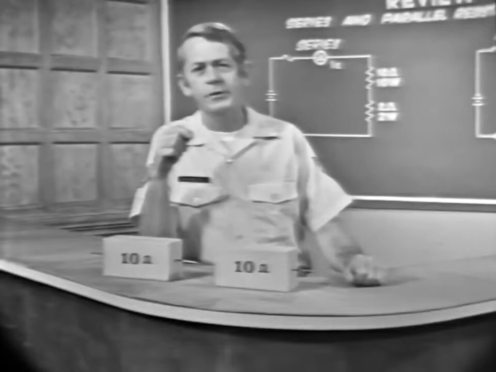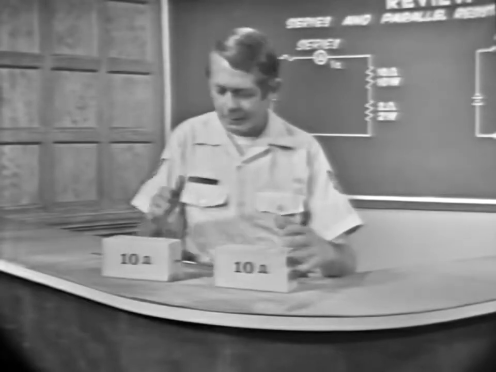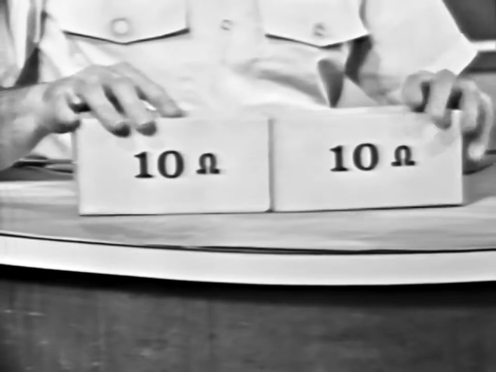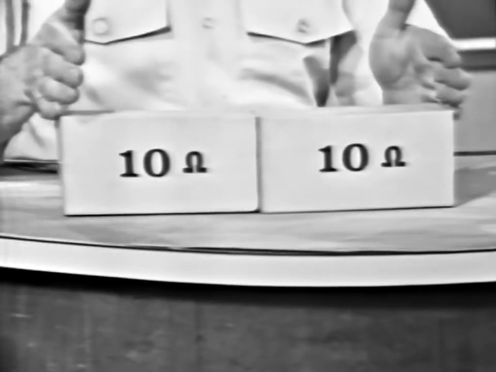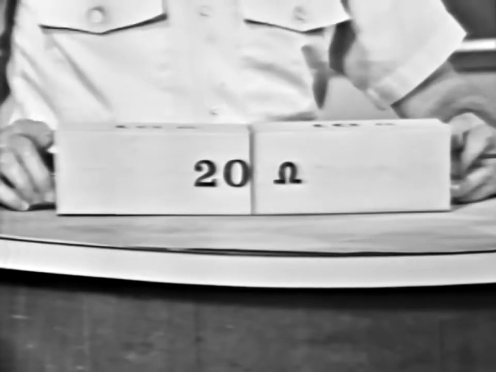Well, when we studied resistors, we learned that the resistance of a material is directly proportional to length. If we connect the resistors end to end, as we do in series circuits, we increase the length of the material and increase resistance to 20 ohms.